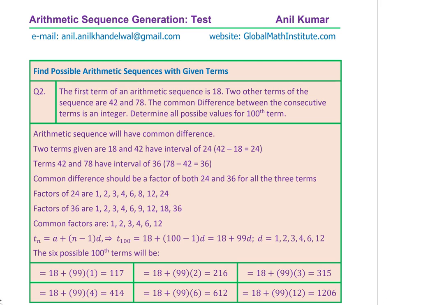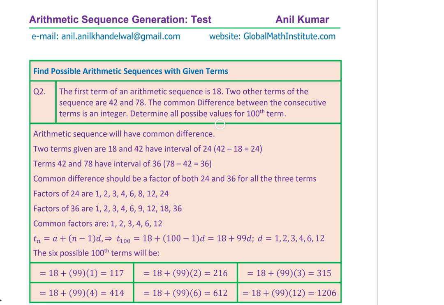The question here is, the first term of the arithmetic sequence is 18. Two other terms of the sequence are 42 and 78. The common difference between the consecutive terms is an integer. Determine all possible values of 100th term. So I think you can pause the video and answer this question now. The concept is similar.